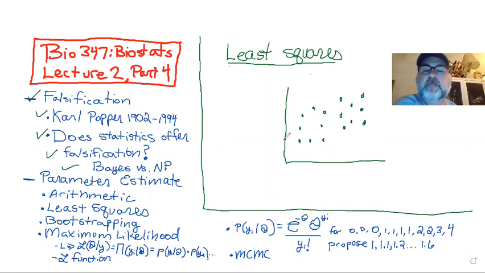And then for any intercept, let's just examine 2 slopes, okay? And the way you calculate least squares here is to take this observation and subtract and square this distance.